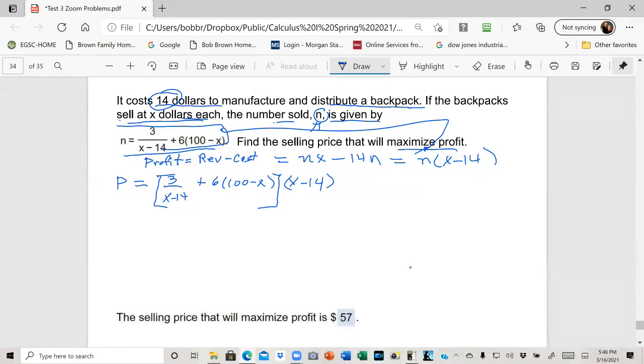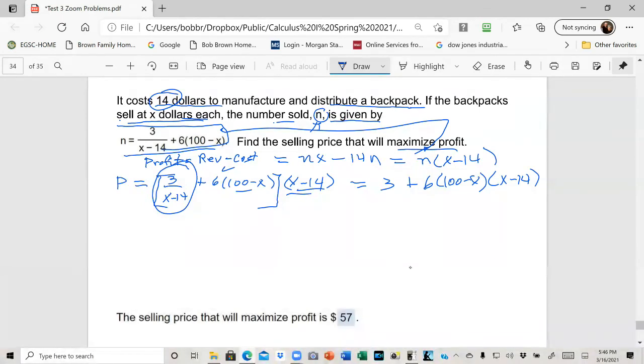And now when we do that, we will get 3 over X minus 14 times X minus 14 plus 6 times 100 minus X times X minus 14. Notice we got 6 times 100 minus X times X minus 14.